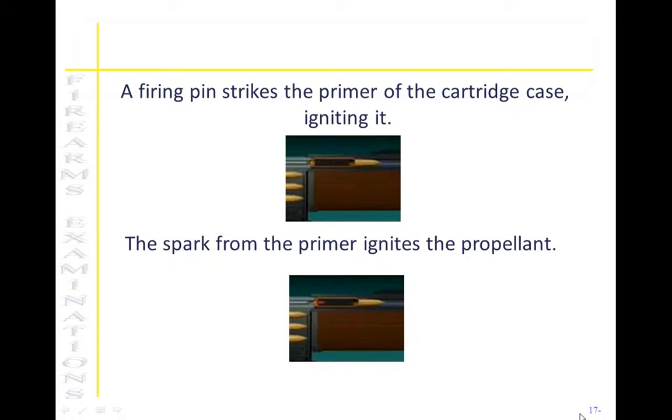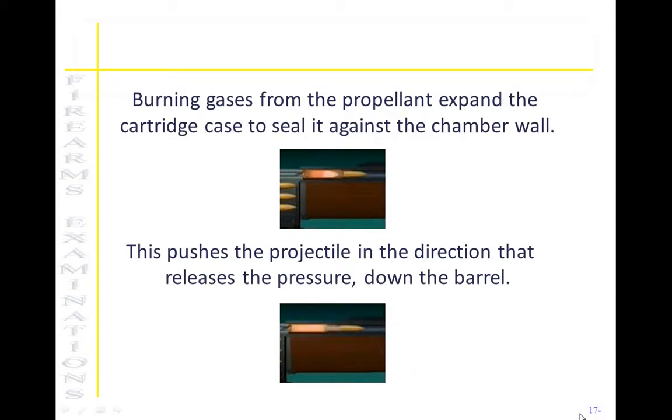The spark from the primer will then ignite the propellant, which causes burning gases from the propellant to expand the cartridge case to seal it against the chamber wall. The gases also push the projectile in the direction that helps release the pressure, sending it down the barrel itself.